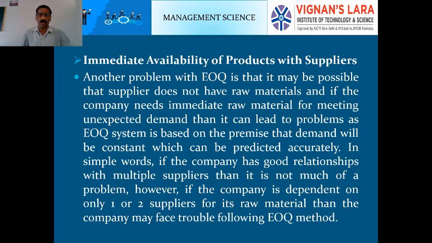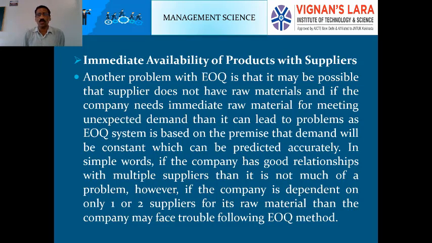Okay, no problem. To the extent of 50, ready-made available in the market, the suppliers are provided 50 orders annually. This is a practical problem. So immediate availability of product with the suppliers is a very much difficulty, which is not looked at by EOQ.